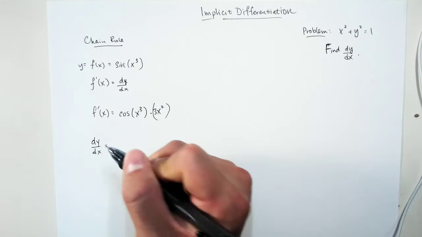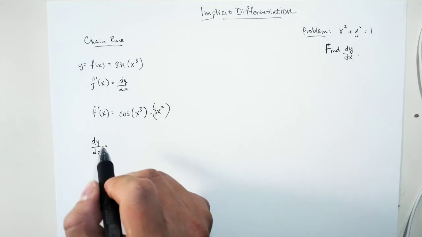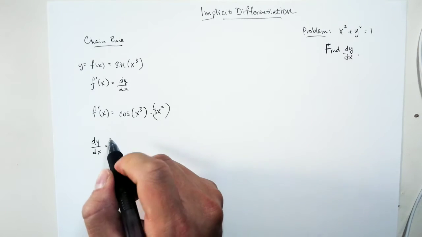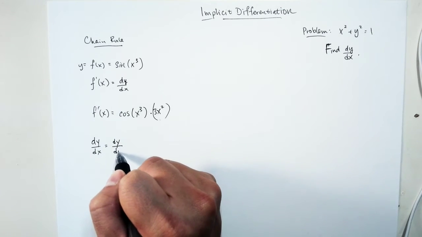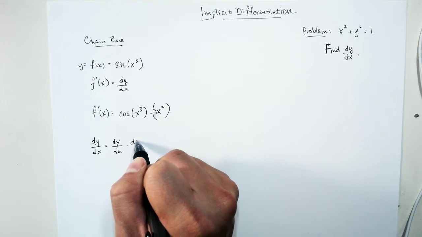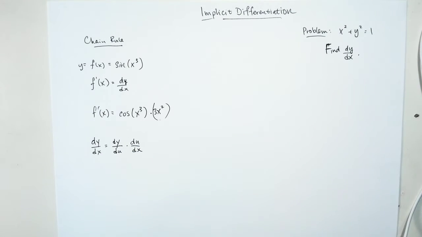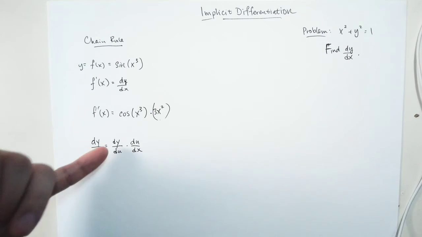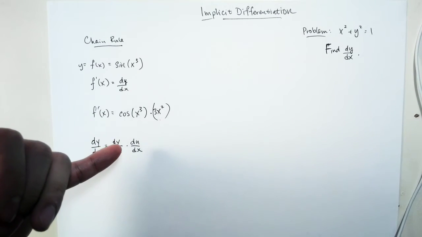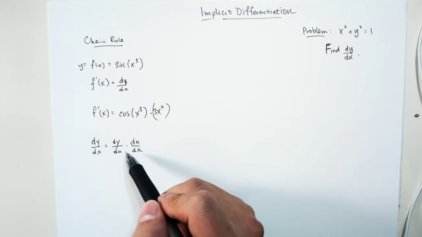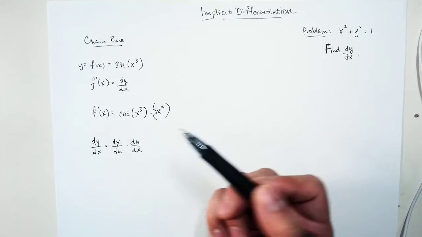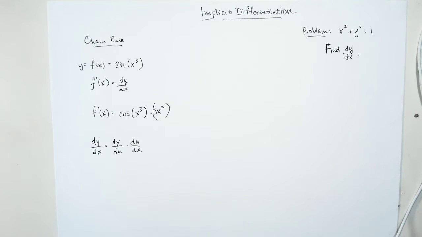It turns out that dy dx can be expressed by something called dy du times du dx. Now look at this as fractions. So dy over du times du over dx. If you think about simplifying the right hand side of the expression, you would get dy dx. So these two sides are equal.